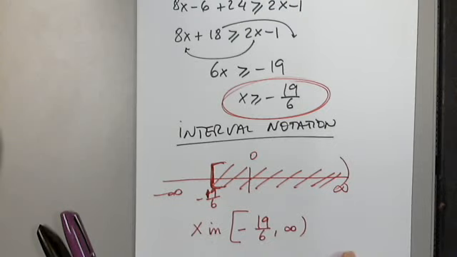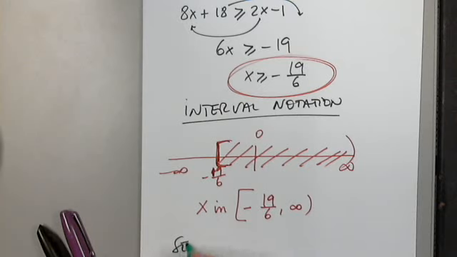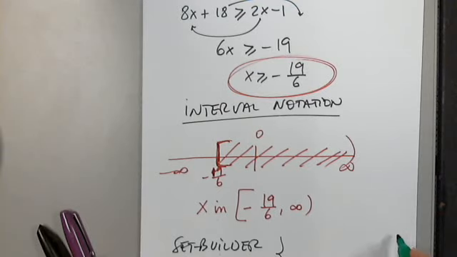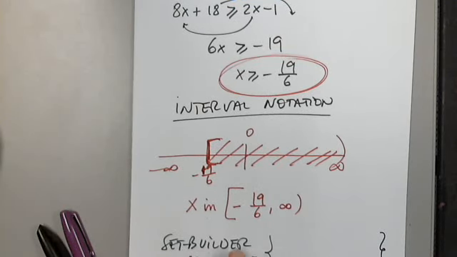The set builder notation, and I will stop right now, just in case. Set builder notation. I don't use it. I'm not going to ask you to use it, but my math lab will. Set builder notation for this solution is x. So it's the set of numbers called x.